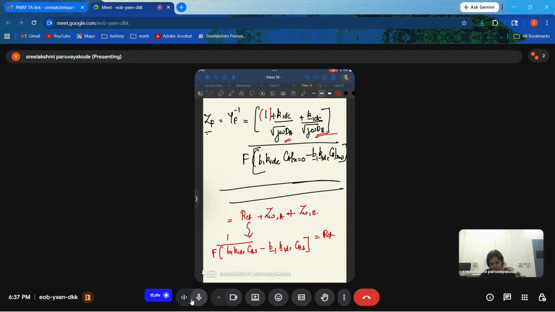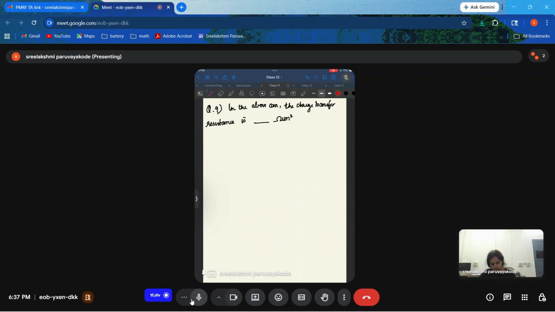So I'm going to use this expression: RCT equal to 1 by F into B1 K1 DC CAS minus B minus 1 K minus 1 DC CBS.